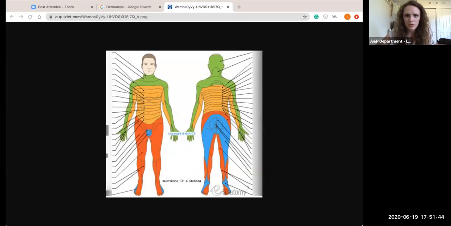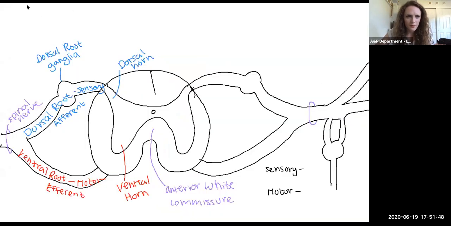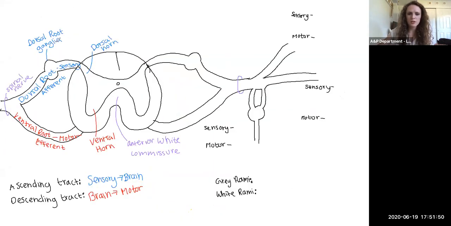Okay, spinal nerve. Back to my picture. Okay, back to our spinal cord. Once you get to your spinal nerve right here, it's going to branch into 3 different major nerves. These nerves are your sympathetic nerve, which is this one down here.